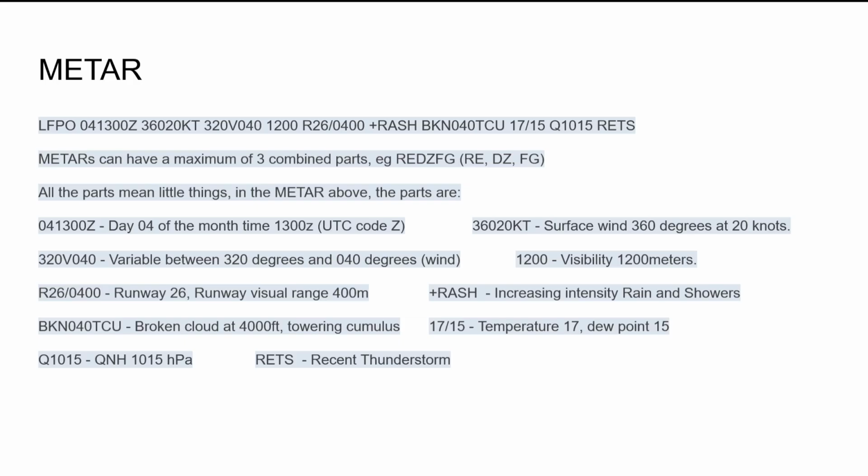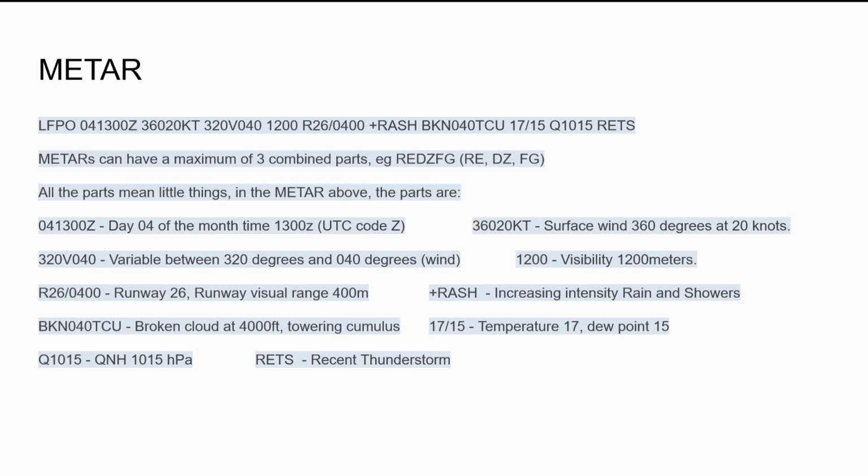Broken is 3 to 5, 4 or 5 octas of cloud. So how much cloud you can see in the sky. It is more than scattered or few, but it's not overcast. So it's like 5 to 7, I think.